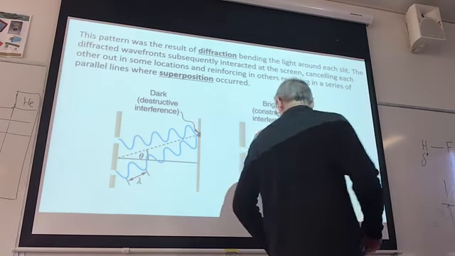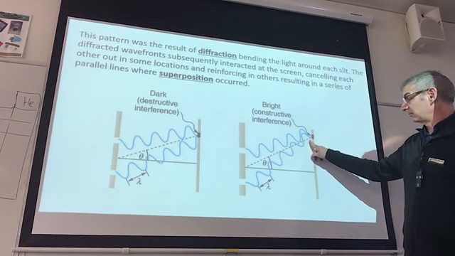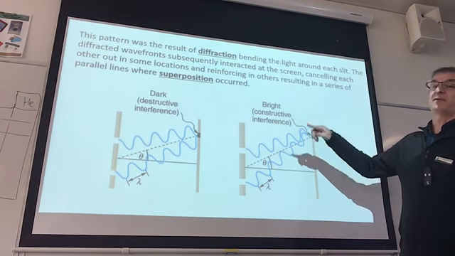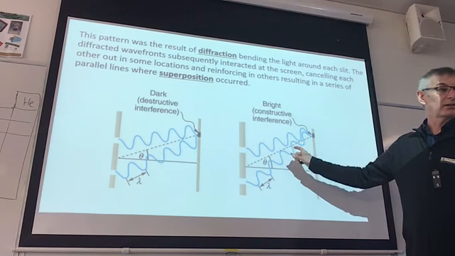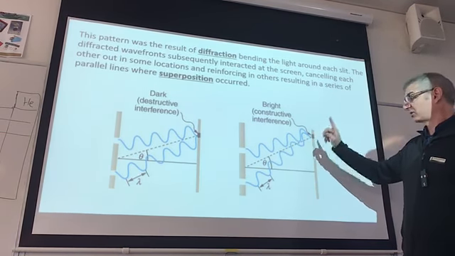Whereas if the path difference is a whole wavelength or a multiple of a whole wavelength, then they will be in phase and constructively interfere.